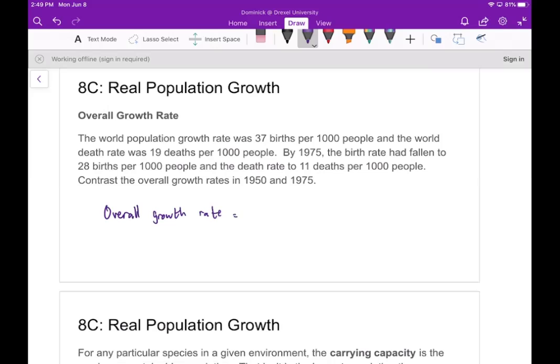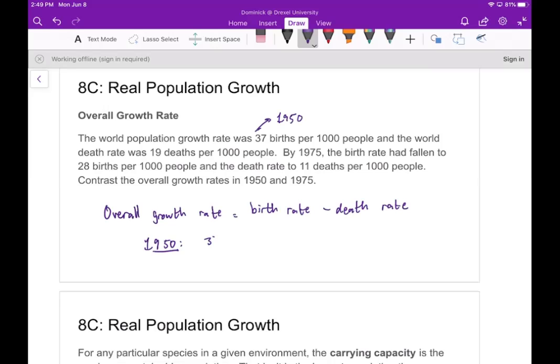I need to take the birth rate minus the death rate. Right, so for example, in 1950, that is the first one. I guess it's not marked here, but this should be 1950.